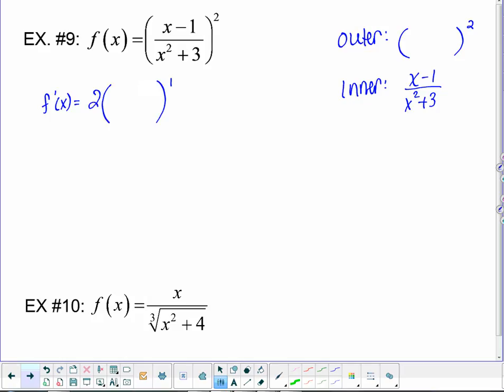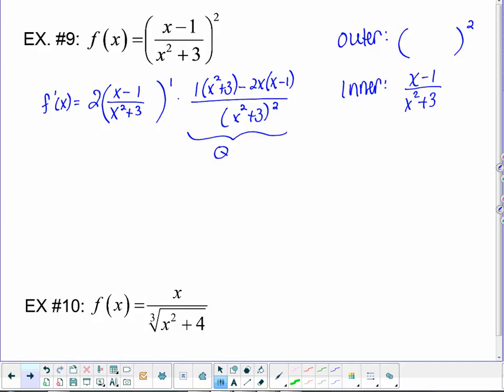This will switch to a power of 1 by the power rule. Leave the inside alone. Not done yet because we haven't taken the derivative of the inside piece. The derivative of the inside piece becomes a quotient rule. So derivative of the top multiplied by the bottom minus derivative of the bottom times the top over bottom squared. And that was all quotient rule.